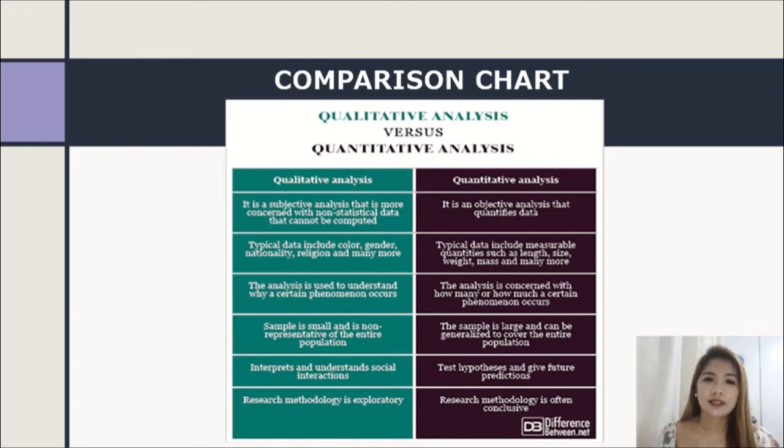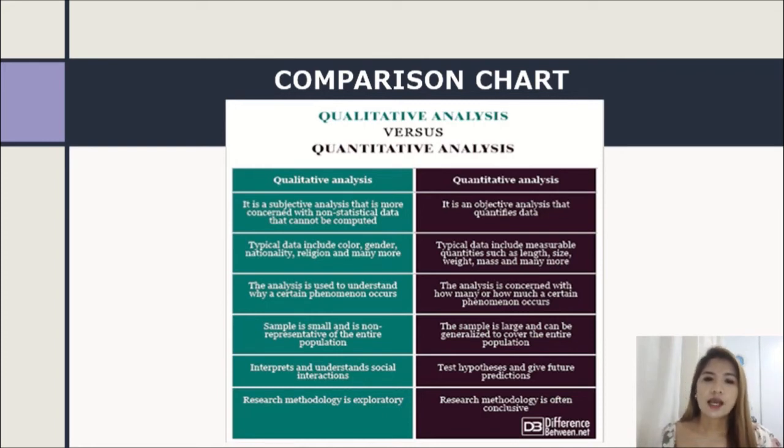Next, in qualitative analysis, the analysis is used to understand why a certain phenomenon occurs, while in quantitative analysis, the analysis is concerned with how many or how much a certain phenomenon occurs. Next, in qualitative analysis, the sample is small and is non-representative of the entire population, while in quantitative analysis, the sample is large and can be generalized to cover the entire population.